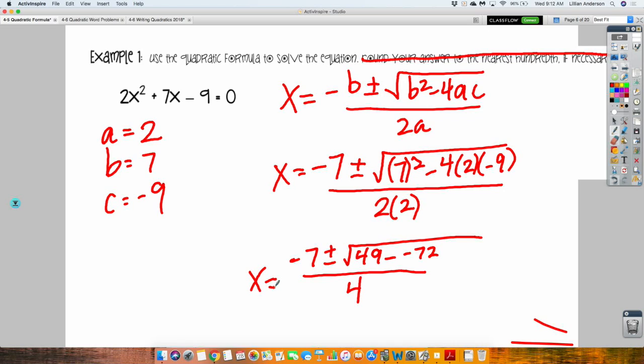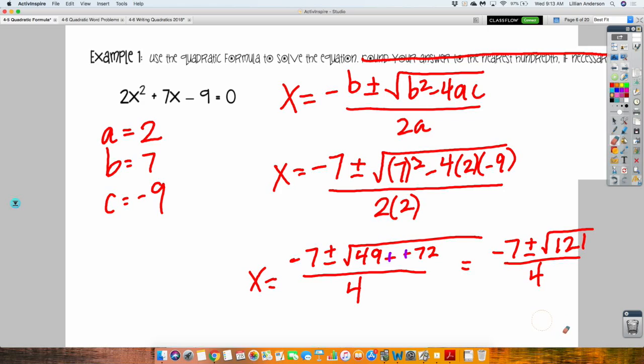All we're doing is simplifying from here. Now, what's 49 minus a negative 72? That would be 49 plus 72, which is 121. So I have negative 7 plus or minus the square root of 121 all over 4.